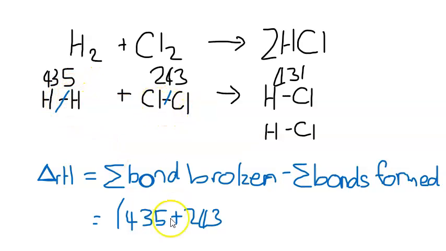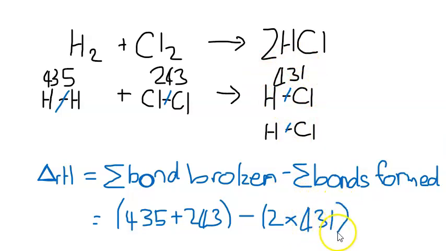There's only one chlorine to chlorine bond. So we've only got 1 times each of those numbers. That's the sum of the bonds broken, and then the sum of the bonds formed. We count up the number of hydrogen to chlorine bonds there are, and there are 2. So we're going to go 2 times this value here, 2 times 431. And then we add all those together, and then we get our answer.